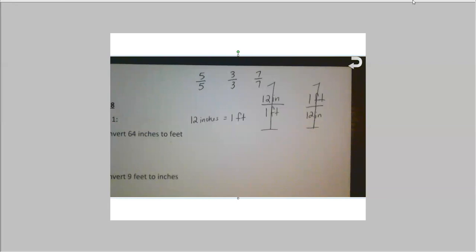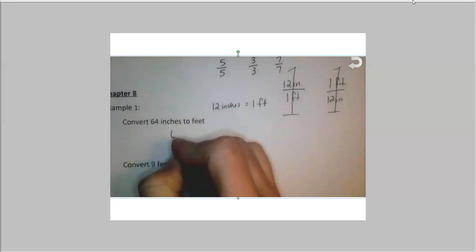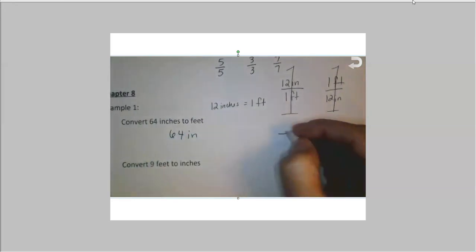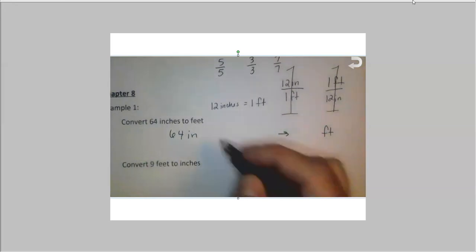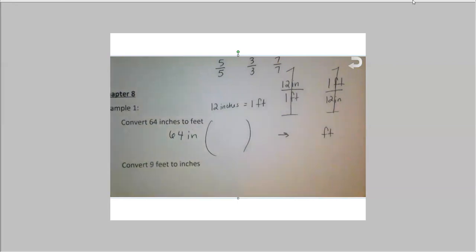And so that's this method that your textbook shows, using the conversion rates to go from one unit to the other. So you have to consider, what do I have? I have inches, and I want to convert that to feet. So I will pick whichever one of these units of measure will cancel inches and leave feet.